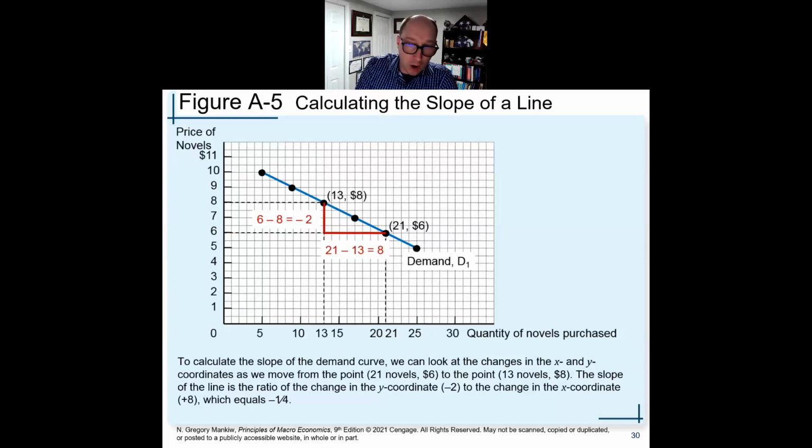Over the change in x, which is the quantity, the change from 21 to 13 is a change of 8. So negative 2 divided by 8 will give us our slope, which is negative 1/4.